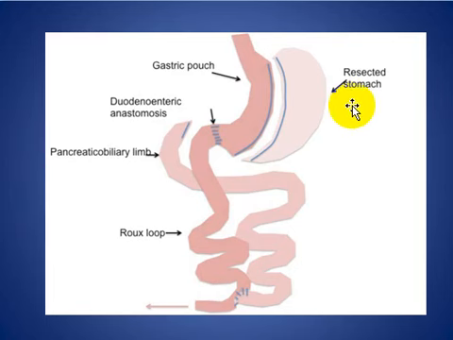As we see here, this is the duodenal switch with biliopancreatic diversion, and we have the sleeve gastrectomy, and this is resected, and we have the gastric pouch, gastric tube, and here we have the duodenoenteric anastomosis, and we have the pancreatobiliary limb, and this is the Roux limb, and we have the jejunal anastomosis.